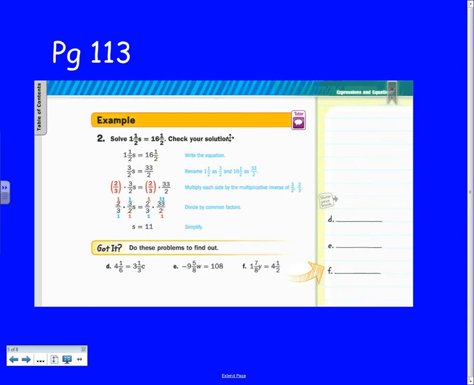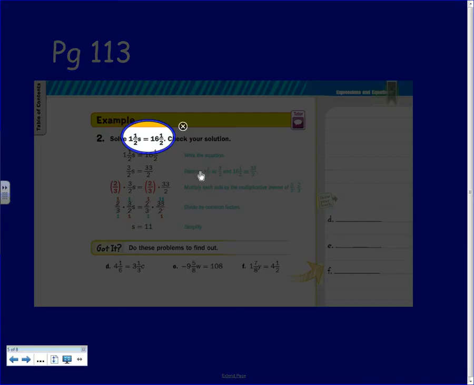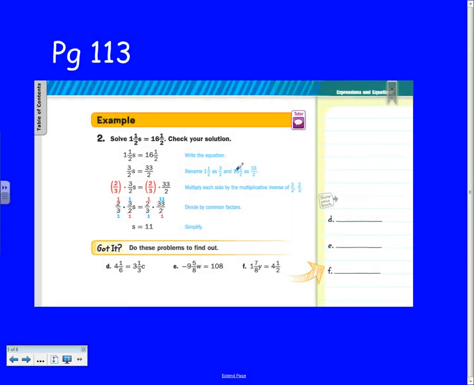Okay, so on page 113, you have another example. This one, if you noticed, the problem is now not just equal to a number. The problem has it equal to another fraction. So now you have a coefficient, it's a rational number, which is times the variable, and then equal to 16.5. Okay, so if you look through these steps, write the equation.